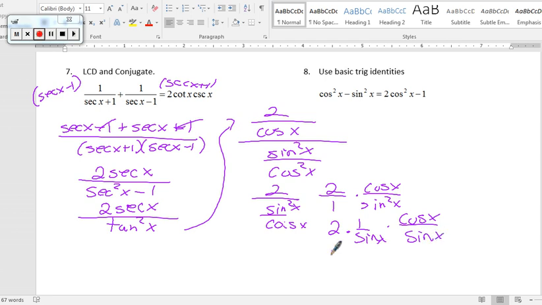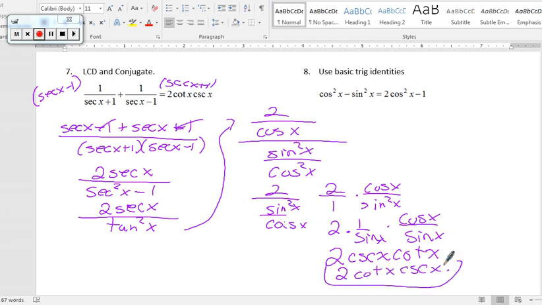And that's going to leave us with 2 cosecant x and then cotangent x. I did not write it in the same order it was shown, so I'm going to go ahead and change the order there to be 2 cotangent x, cosecant x. That was a long one.